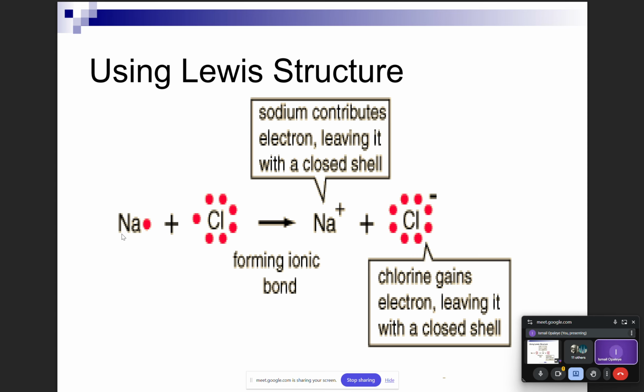This sodium atom has four directions. What do I mean by that? There is a direction up, there's a direction to the left, there's a direction downward, and there's a direction to the right.